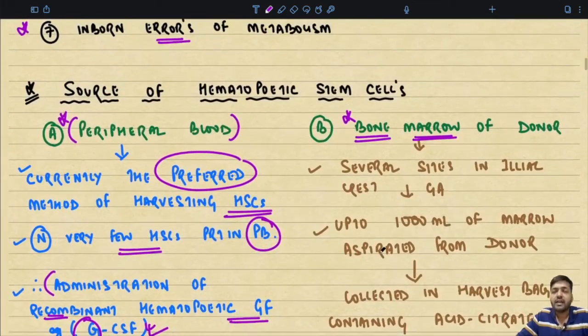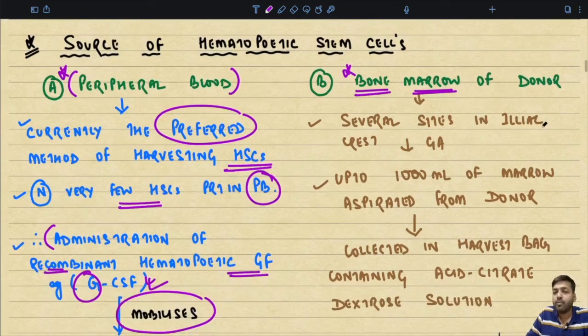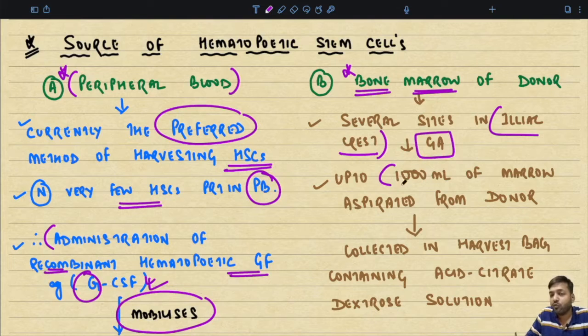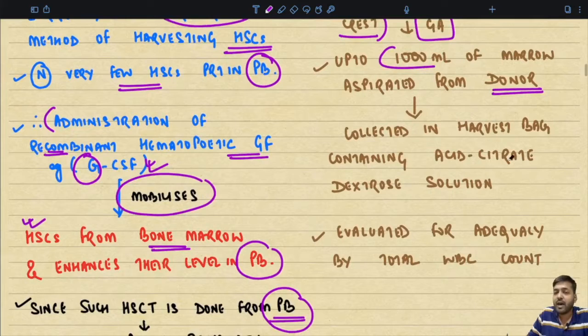Then the second source of hematopoietic stem cells is the bone marrow of the donor. Very importantly, bone marrow harvesting is done directly from several sites in the iliac crest, the posterior superior iliac spine, and it is a very painful procedure, so it is carried out under general anesthesia. Up to 1 liter of marrow is aspirated from the donor, and the collected marrow is kept in a harvest bag containing acid citrate dextrose solution.